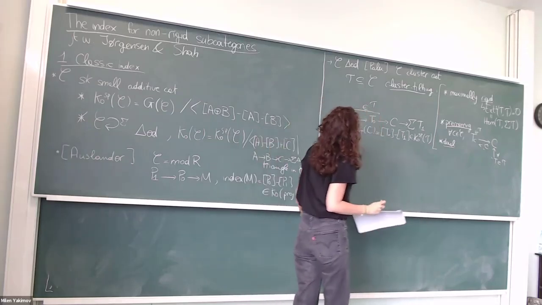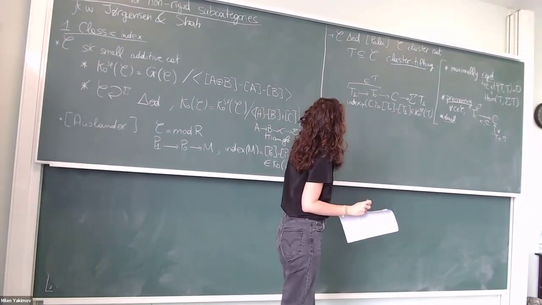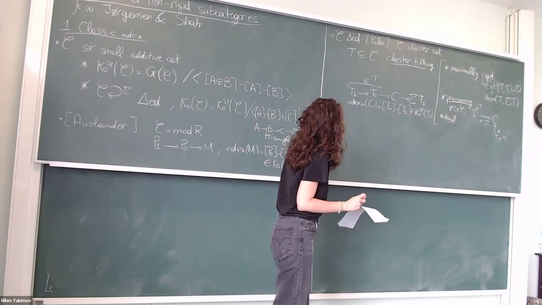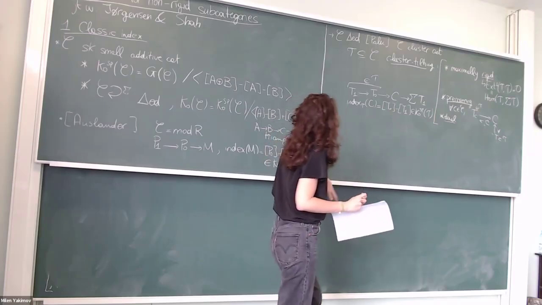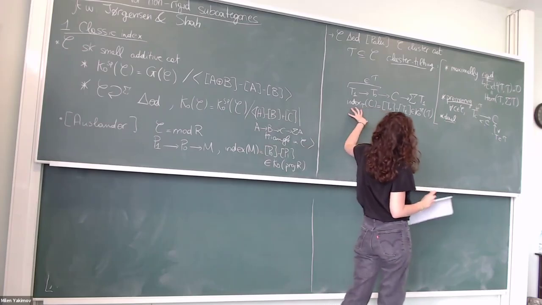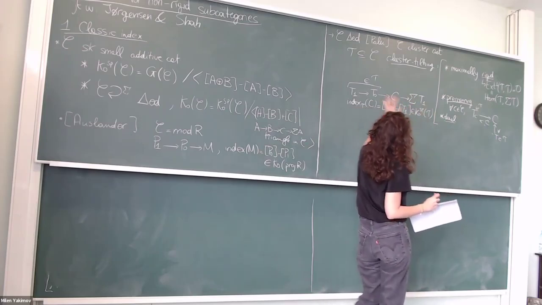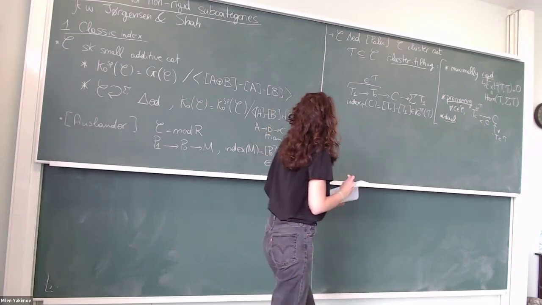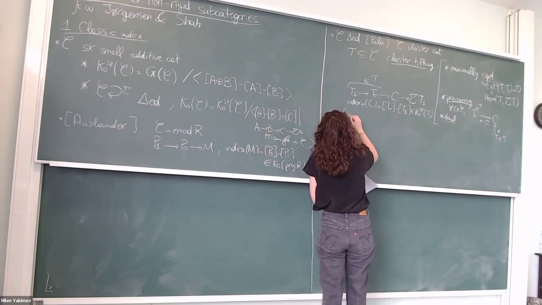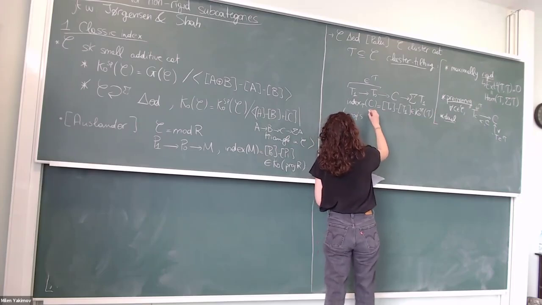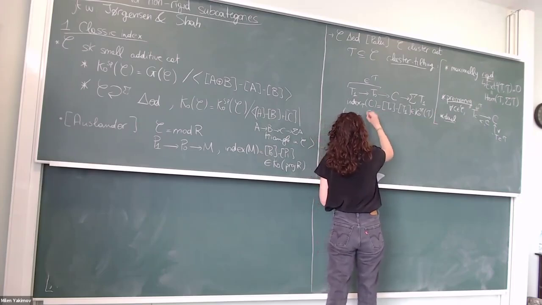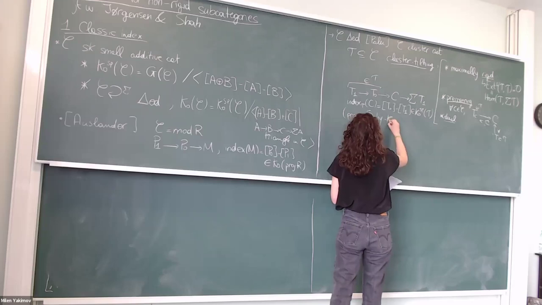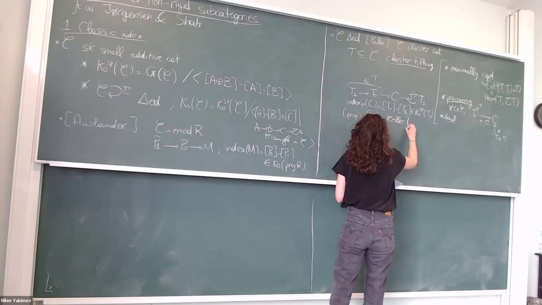And again, this has some very nice properties. It's been used a lot in cluster categories and these categorifications. It's additive on triangles in C up to some error term that we can compute, and it has some other nice properties, a lot of them proven by the people here.